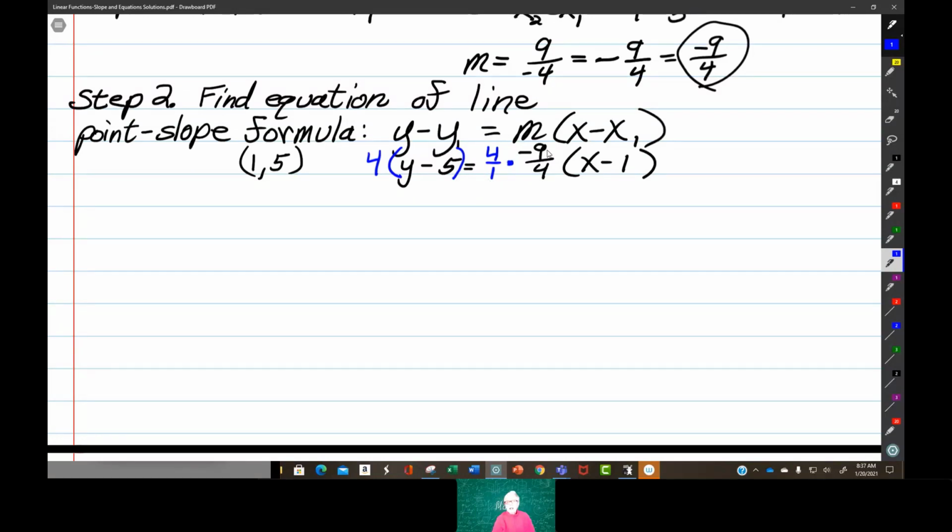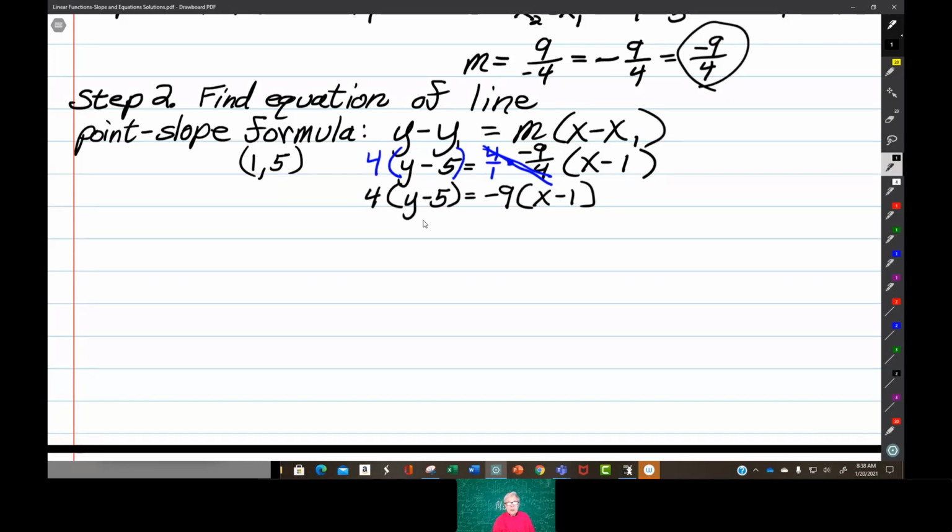But when you're multiplying fractions, when this number and this number match, they cancel each other out, leaving me with negative 9 over 1, which is negative 9. Meanwhile, over here, I have 4 times y minus 5.